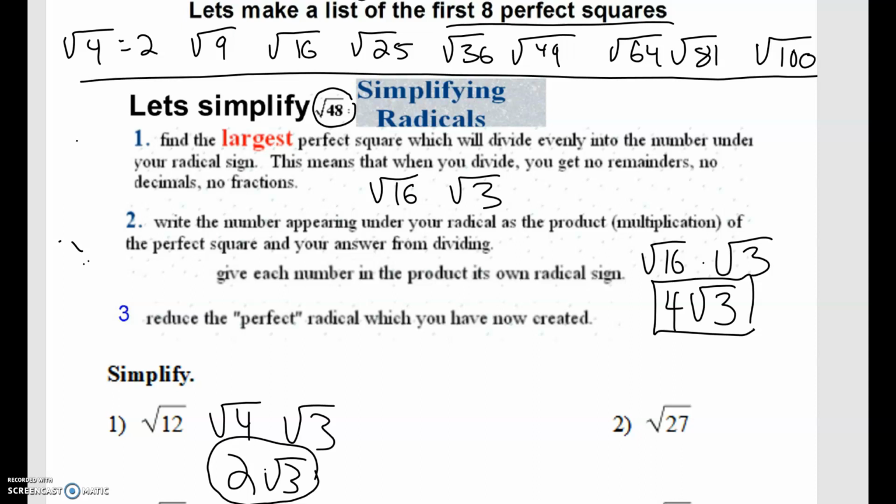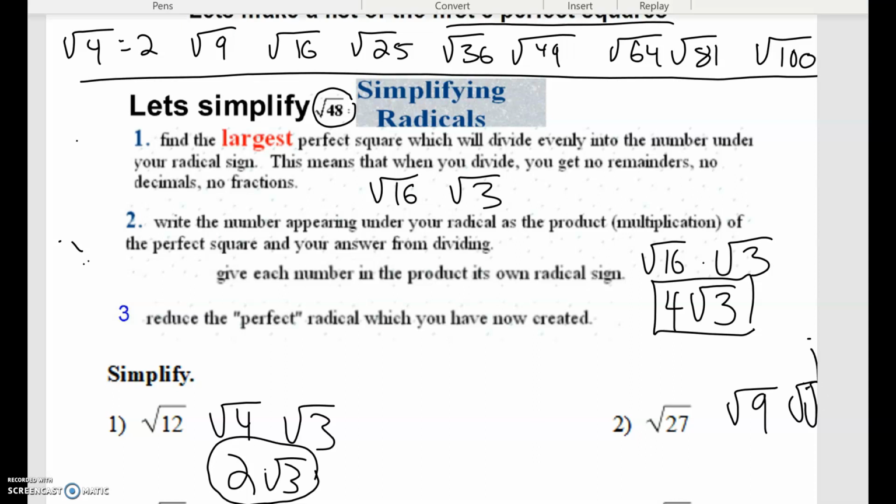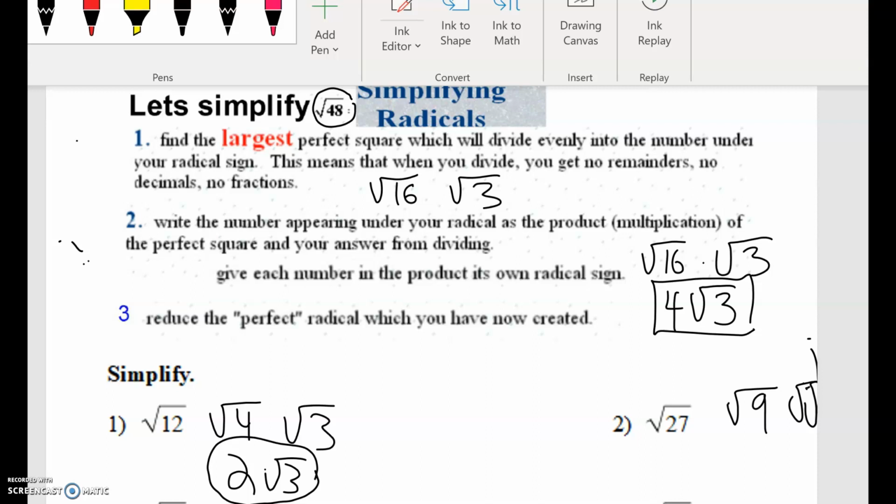All right, let's try one more here. We've got the square root of 27. We're going to take one of these perfect squares, and that would be 9 times 3. 3 is coming up all the time, huh?